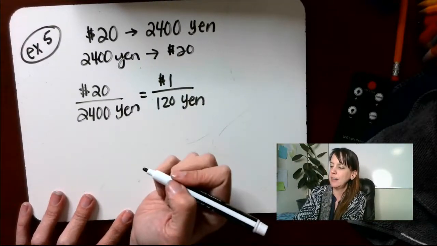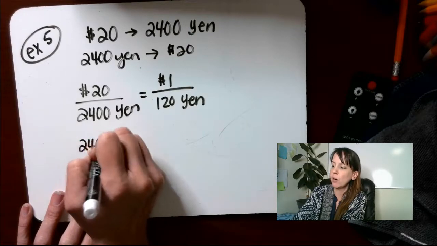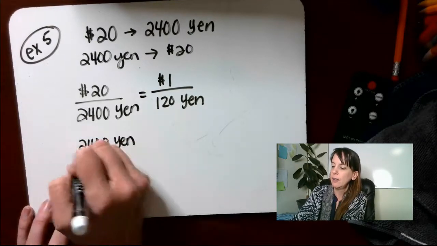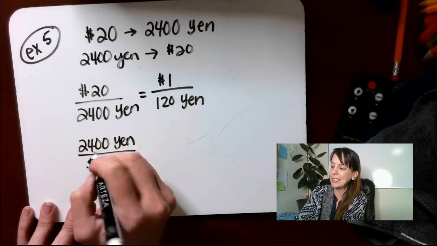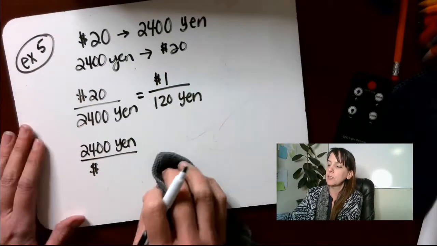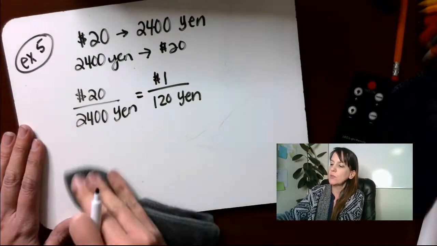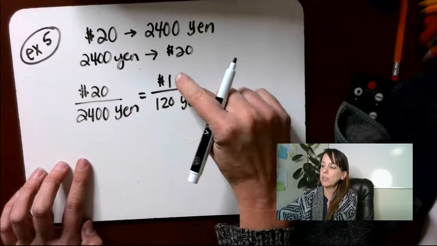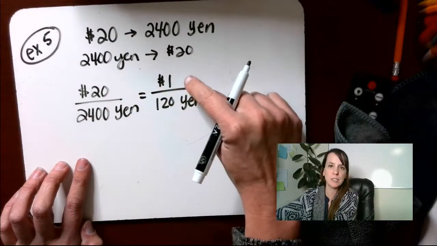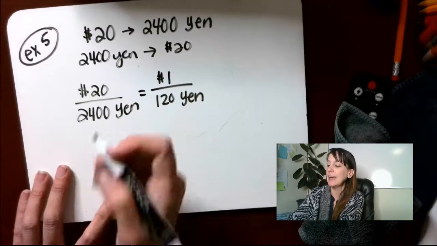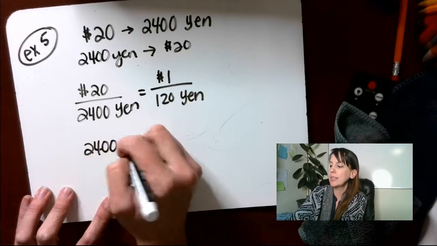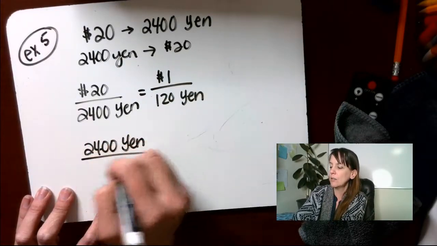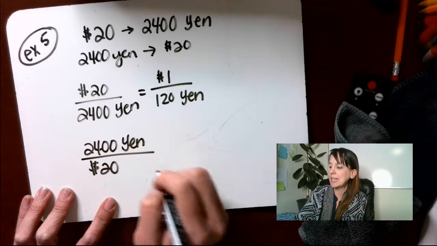Now the other exchange rate is, if we had 2,400 yen for $20. Oh, you know what? I'm so sorry. This should have been written, my $1. So I found it per US dollar. Now I need to find it per yen. So 2,400 yen over $20.